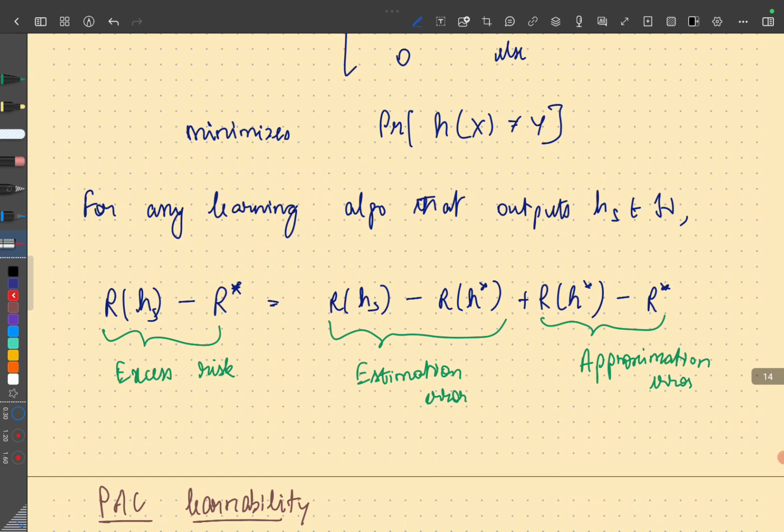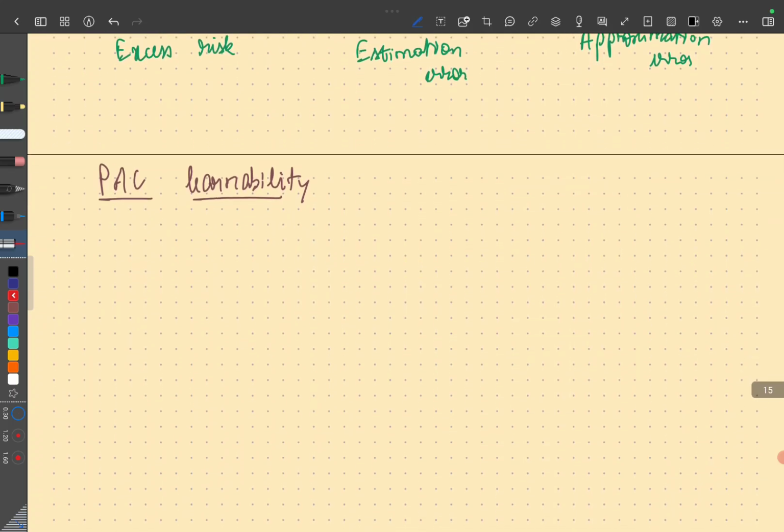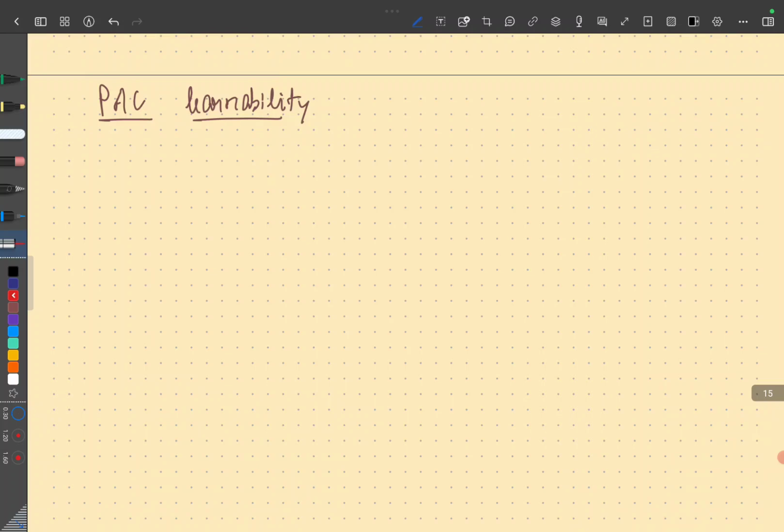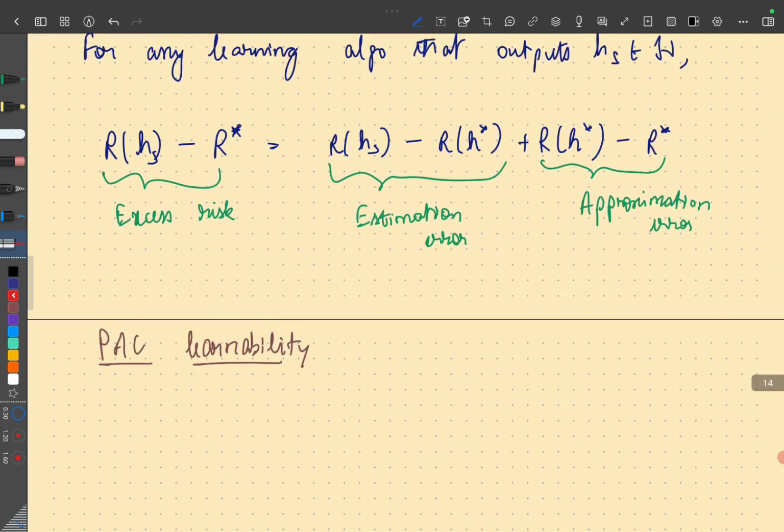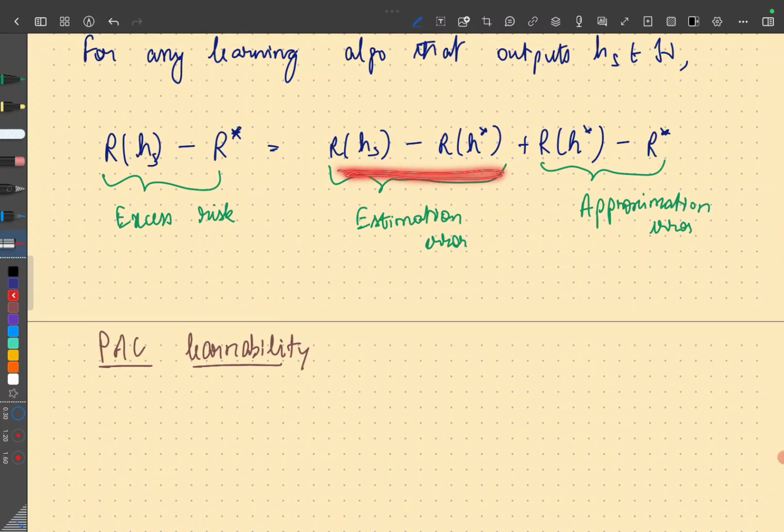Or how should you go about choosing a good hypothesis class which is rich enough but at the same time can be learned quickly? So this notion of PAC learnability essentially takes care of the first term. Given a hypothesis class, how fast can you learn it?